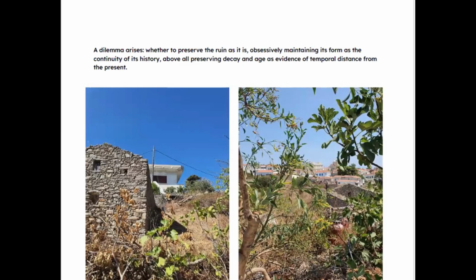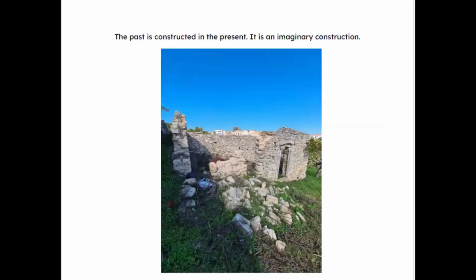So while starting, a dilemma came up: either to maintain the ruin as it is, so that whenever we see it or are there, we have a sense of its distance from the past as a part of it, or how to intervene in it.